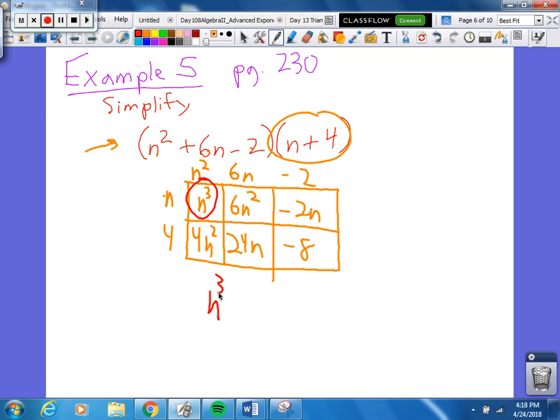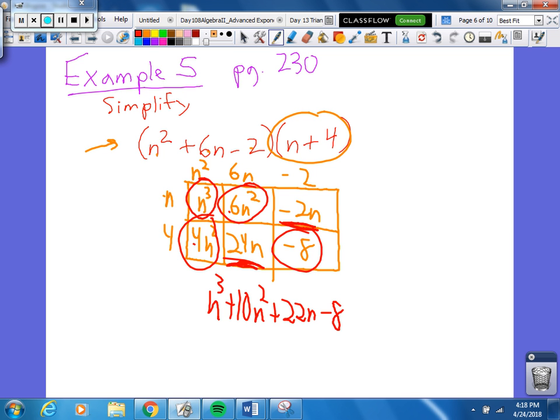Then n squared: 4n squared and 6n squared combined is 10n squared. Now just n: 24n minus 2n is 22n. Last one, the minus 8, that is the constant. Boom, that's done.